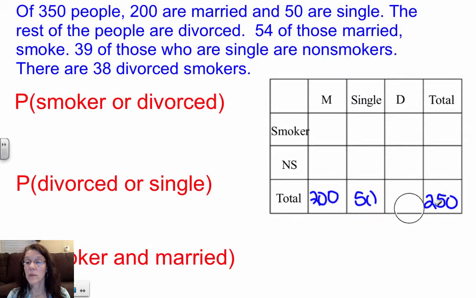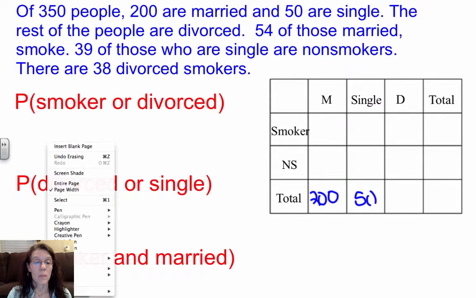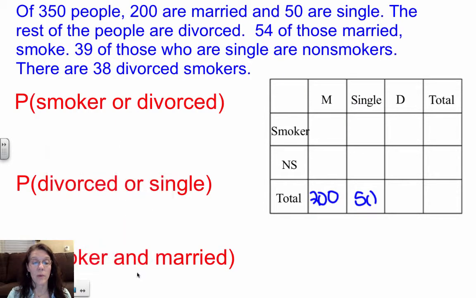So let's erase that and go back to our pen. So 200 were married, 50 were single, 350 was our total, so that leaves 100 to be divorced.